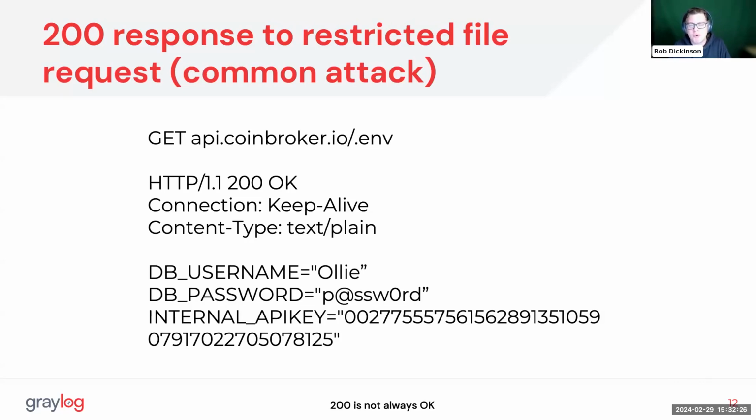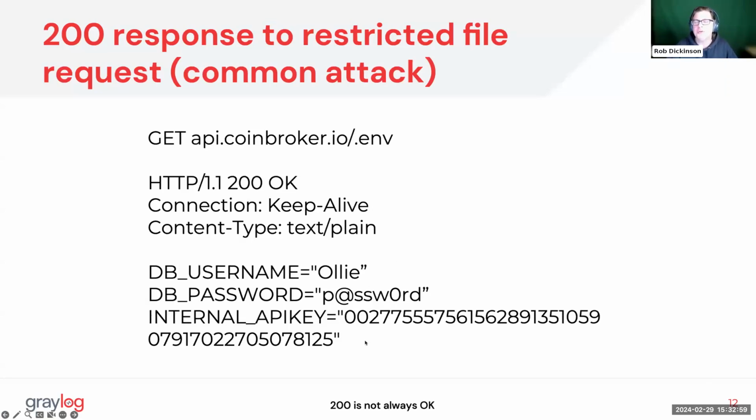Here's another more of a security example. In this case, this is an attacker that's requesting a restricted file. So a lot of these API servers are actually web servers themselves. So if I do something like asking for the .env file and the API actually gives me back the .env file, that might say okay from a protocol perspective because that's what the API was dumb enough to do, right?